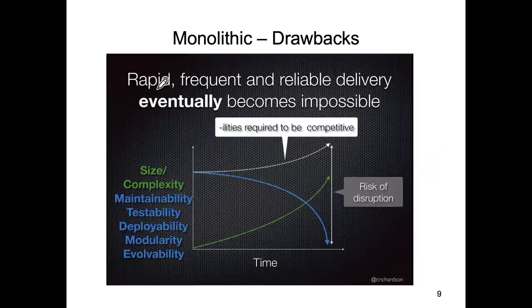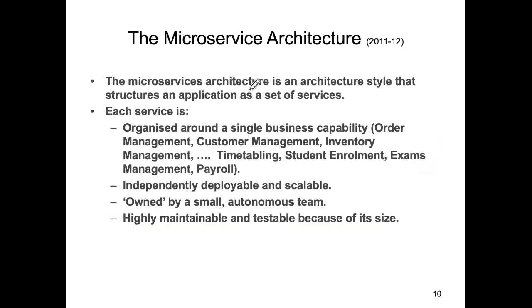But so the microservices, I'm saying it breaks your application up into services. Now, how is a service characterized? It's not just a module, it's much more than that. I'm saying here that a service is characterized in the sense that it's organized around a single business capability. Well, we had that on the monolithic architecture.